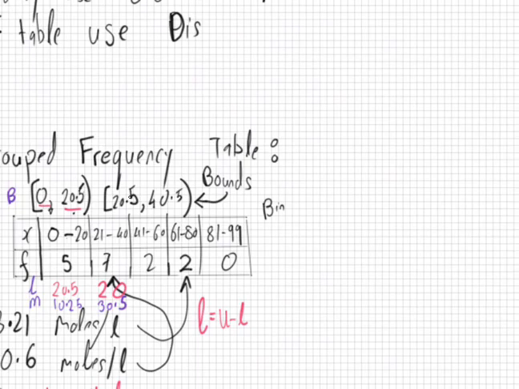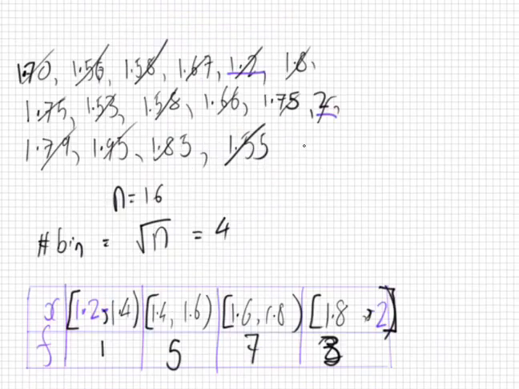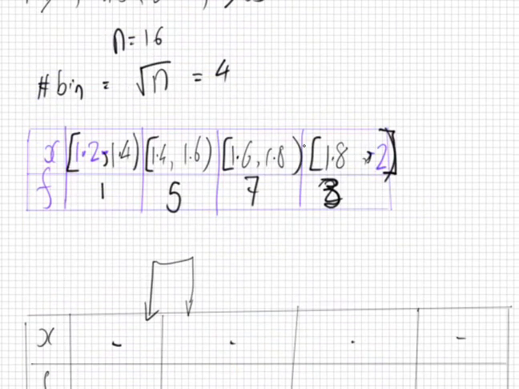One decimal place. So you lose a decimal place. So here actually, how many decimal places? One decimal place, isn't it?